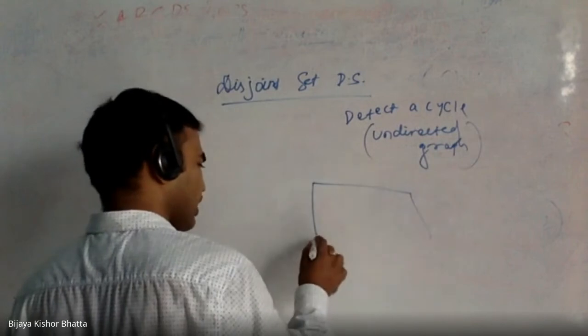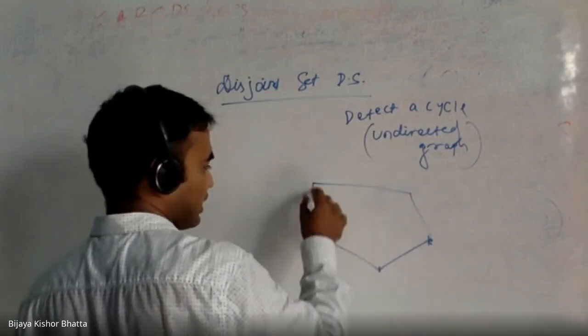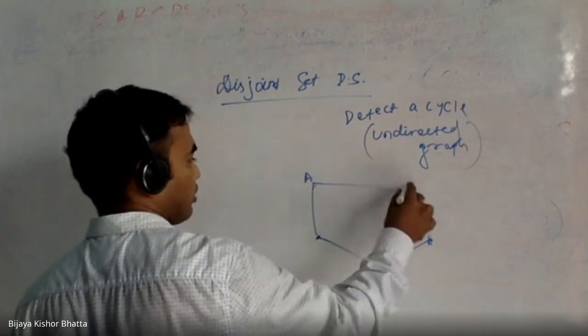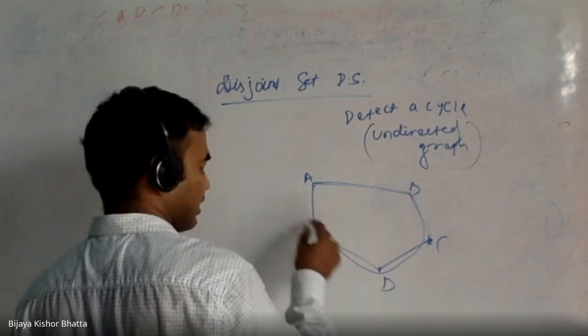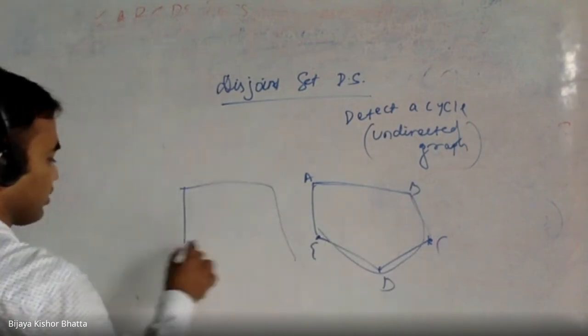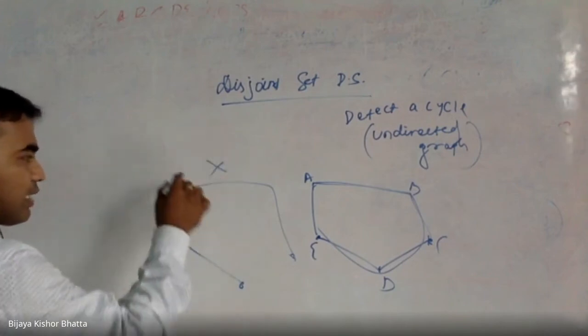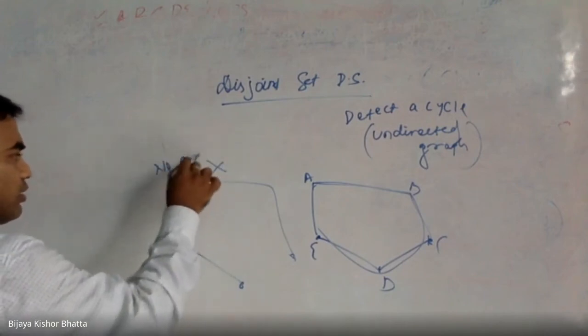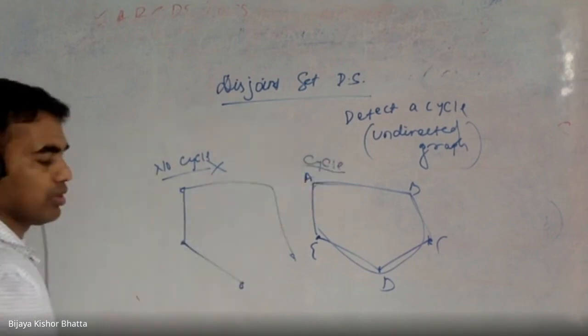So given any undirected graph, this is a cycle, a complete cycle. Suppose this is a graph. There is no cycle, no cycle. There is a cycle here.